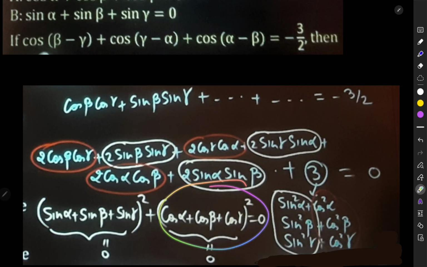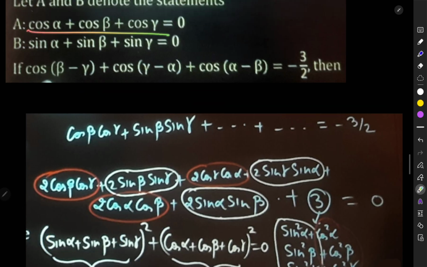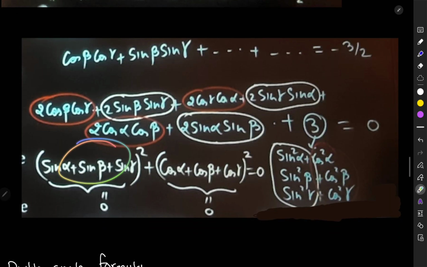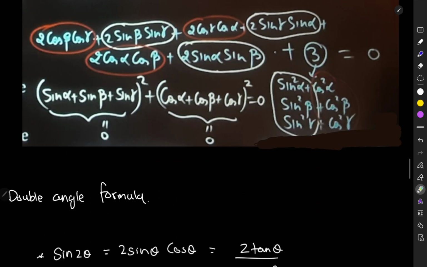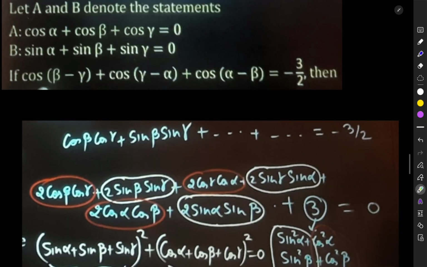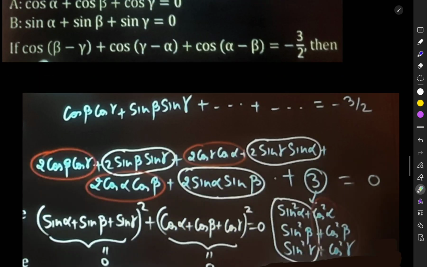We have a general formula which relates all of these things. We are given a clue that this is equal to 0 and this also is equal to 0, so both will be equal to 0 and the total answer will be 0 itself. This is a very good question. You can try on your own. Just pause and try it again.